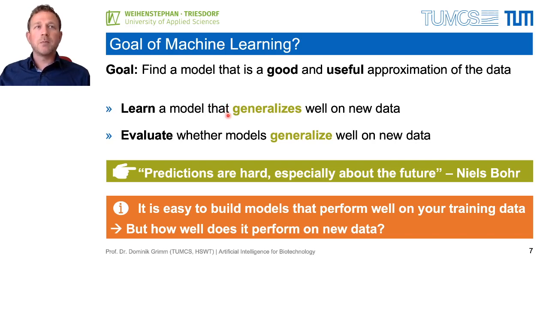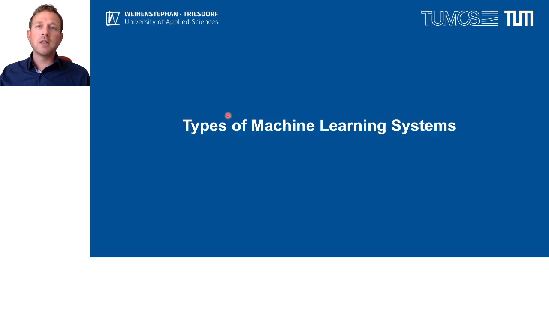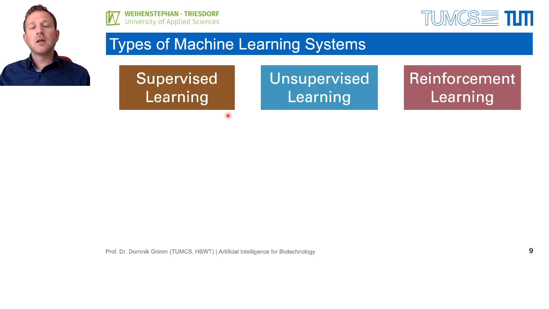So let's look at some types of machine learning systems and machine learning models. What are these different types? Here I will show you three types of machine learning models: supervised learning, unsupervised learning, and reinforcement learning. These are the three main areas of machine learning.